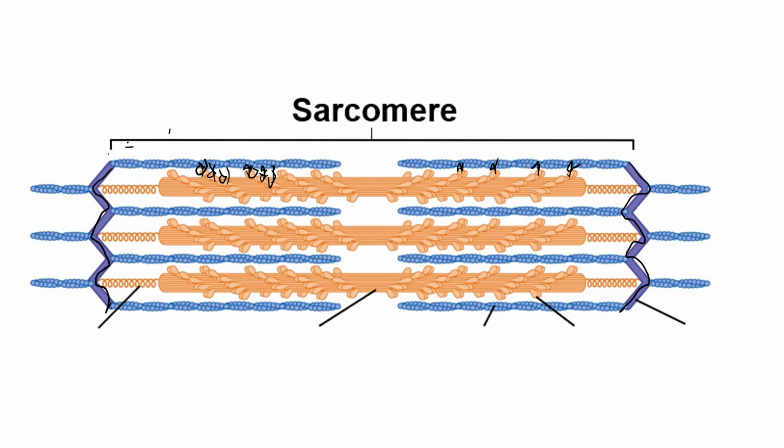Specifically, the myosin heads will latch on to the different globular actins. The myosin heads will latch on to the globular actins at the level of the myosin binding sites, right?